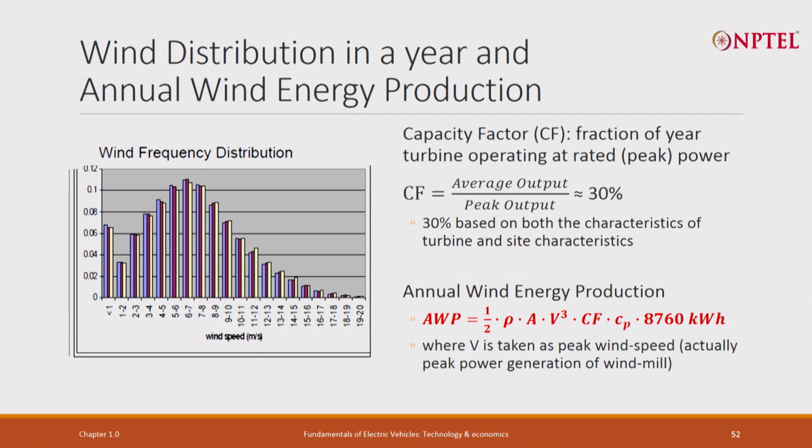Where does 8760 come from? 24 into 365. This is the average wind power produced by an actual windmill. So, if it is a 2.1 capacity, you can take the 2.1 capacity and then calculate what it will be.